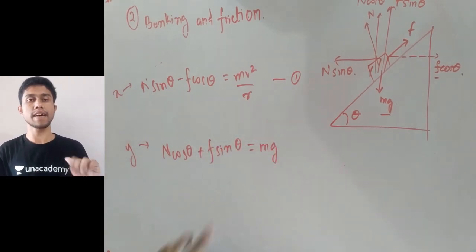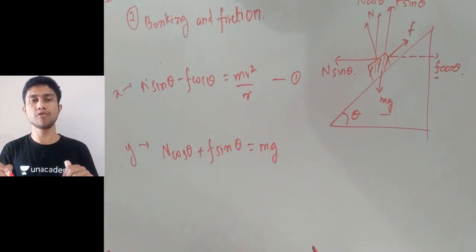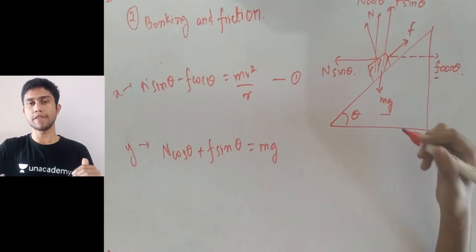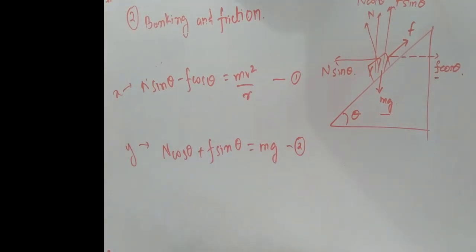N cos theta plus F sin theta is the net upward force and mg is the net downward force. I know in the y-axis the body is at rest. It is not going up and not going down. This can only happen when the upward acting forces equal the downward acting forces. So in this way we have got our second equation.